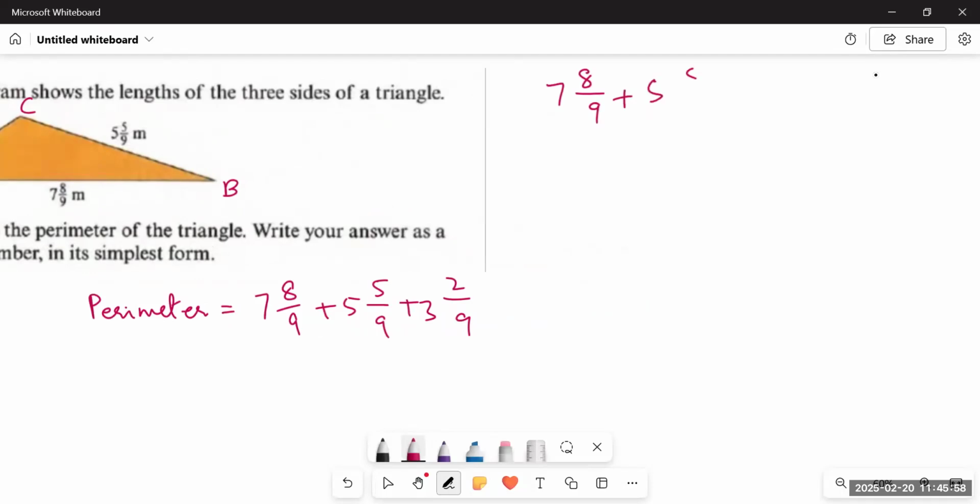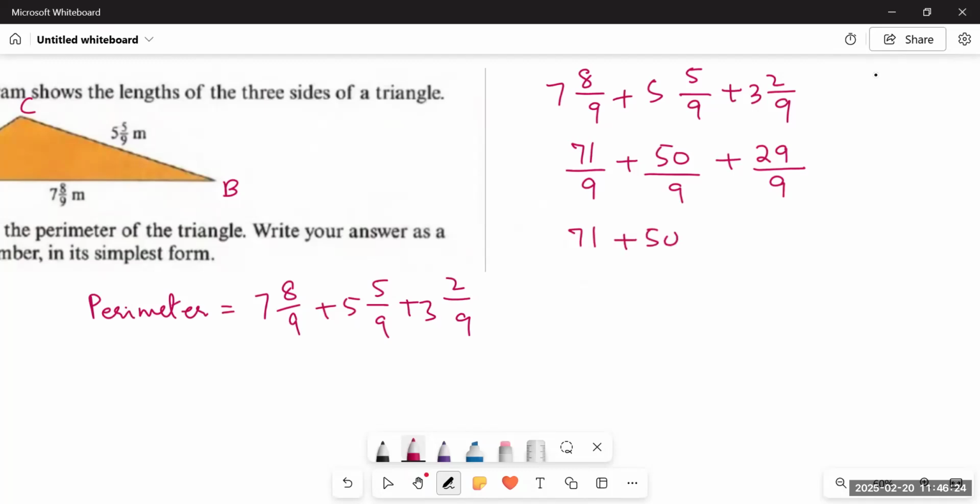Okay. So 9 sevens are 63. 63 plus 8, 71. 71 upon 9. Then 5 nines are 45. 45 plus 5, 50 upon 9. Next we have 3 nines are 27. 27 plus 2, 29. Okay. Then we will add 71, 50 and 29.